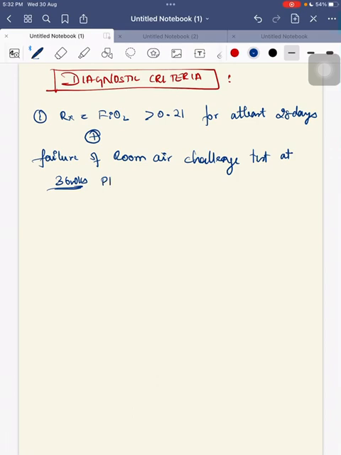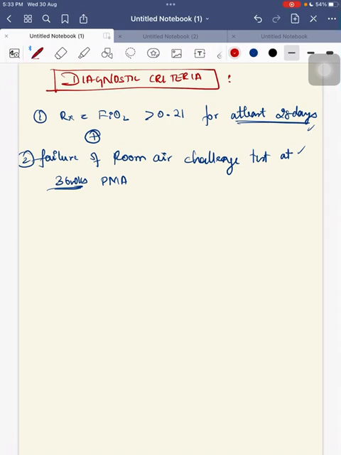So these are the must-required criteria: treatment with FiO2 of more than 0.21 for at least 28 days, and the child cannot maintain room air saturation at 36 weeks of post-menstrual age.